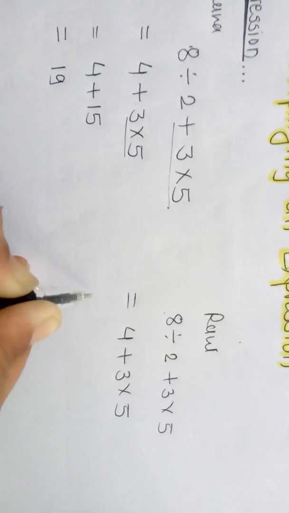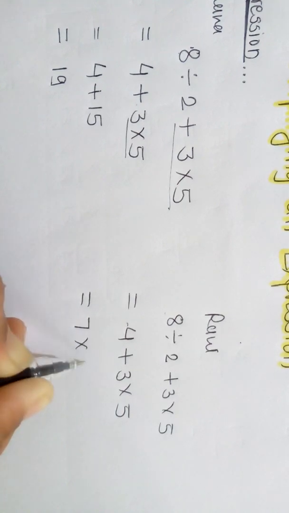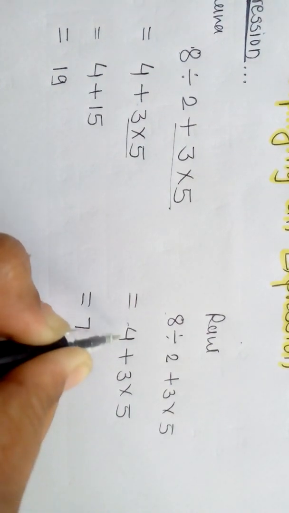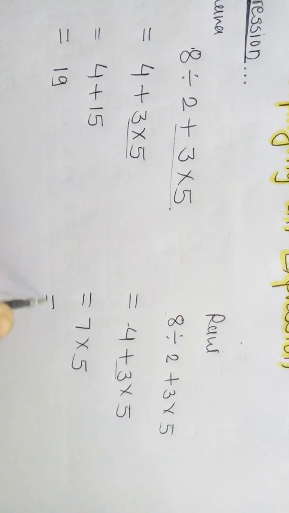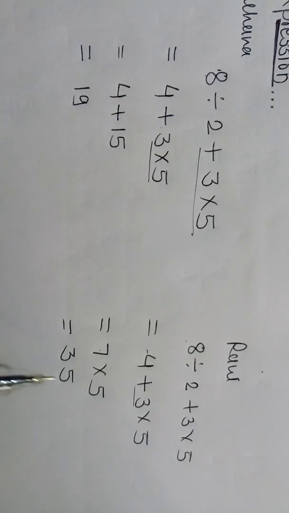Division of these 2 is 4 plus 3 multiplied by 5. Then 4 plus 3, 7 multiplied by 5. Then 7 fives are 35. So here we got different answers. Here our answer is 19 and here it is 35.